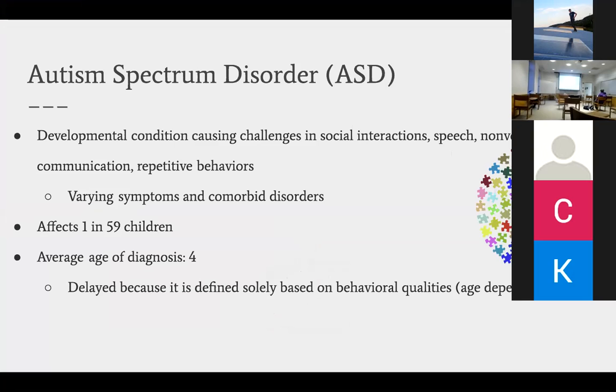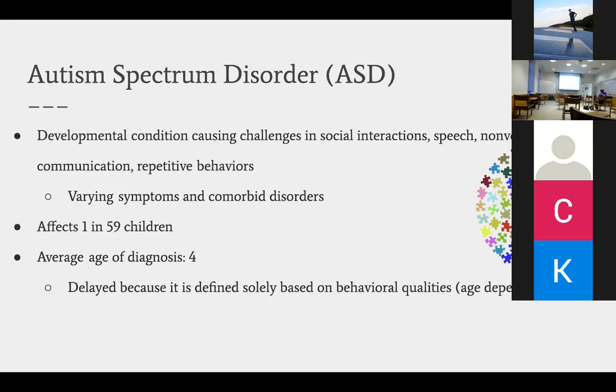I've always done some papers and projects on autism in general with my major, and so I wanted to link that to what my advisor specializes in, and it ended up working pretty well. But autism spectrum disorder, or ASD, is a developmental condition in humans that causes a lot of challenges in social interactions, speech, and nonverbal communication, and it causes a lot of repetitive behaviors.